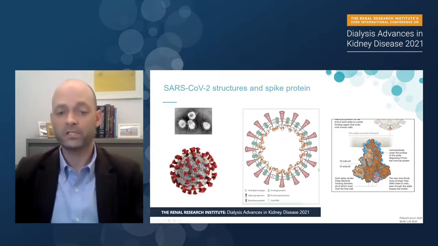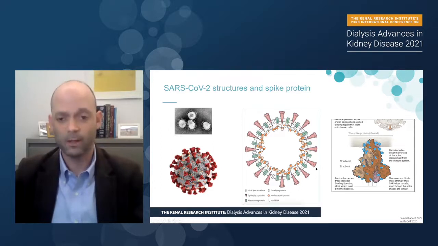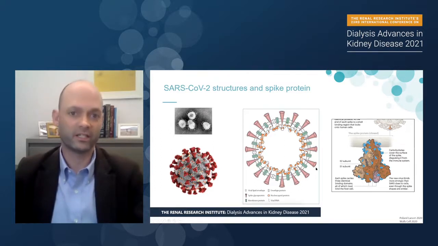Of particular importance to SARS-CoV-2 pathogenicity is the spike protein, which binds to the ACE2 receptors on the surface of cells, then causing the actual infection and the pathogenesis. This is a rendition of the spike protein. It's actually quite a complex molecule. It's a trimer of 3 equal parts.